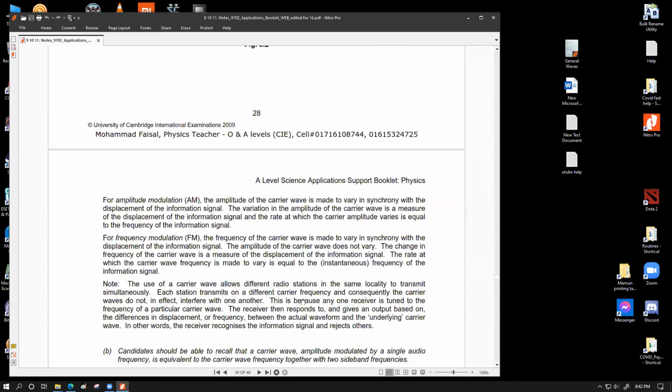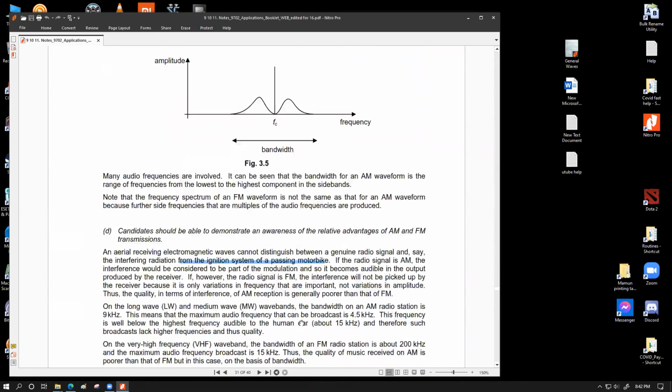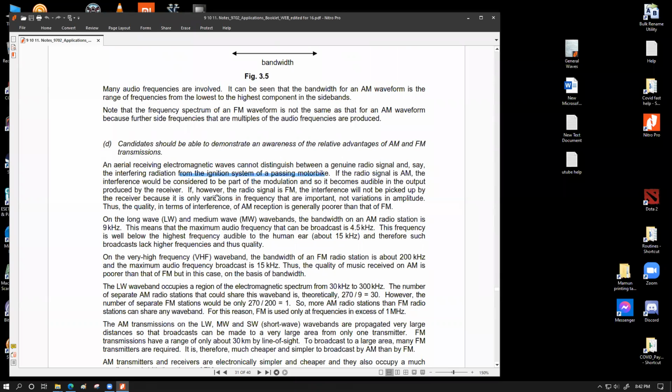So this is why it says further in this paragraph that if, however, the radio signal is FM, the interference will not be picked up by the receiver because it is only variations in frequency that are important, not variations in amplitude. Thus, the quality in terms of interference of AM reception is generally poorer than that of FM.